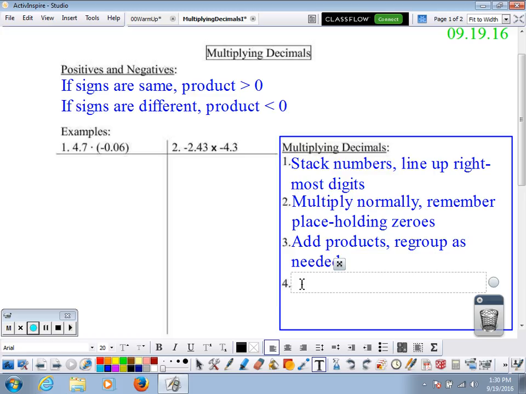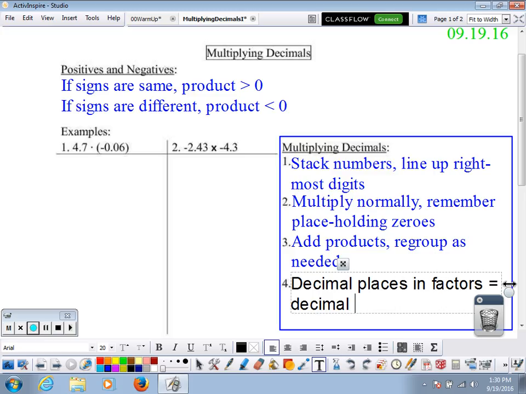I'm going to change your words just a little bit, just because I have short space up here. However many decimal places we have in the factors, those two numbers that we're multiplying together, is going to be the exact same number of decimal places that we have in the product.